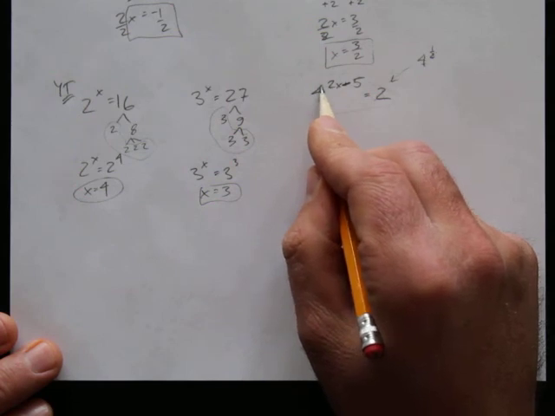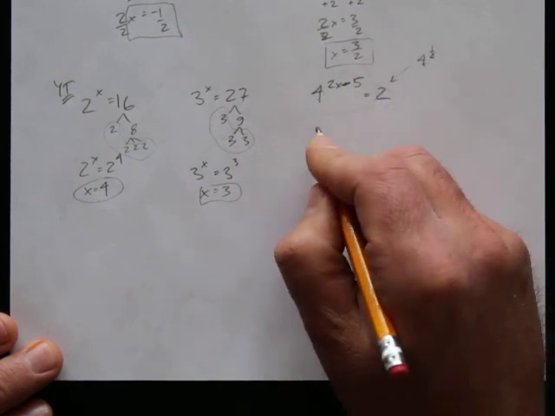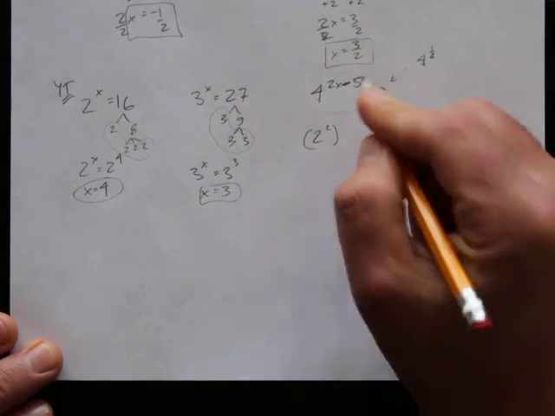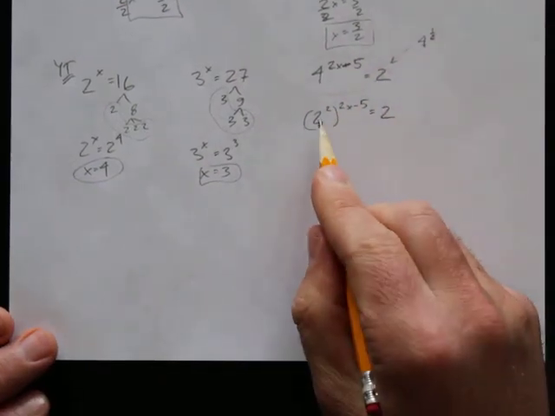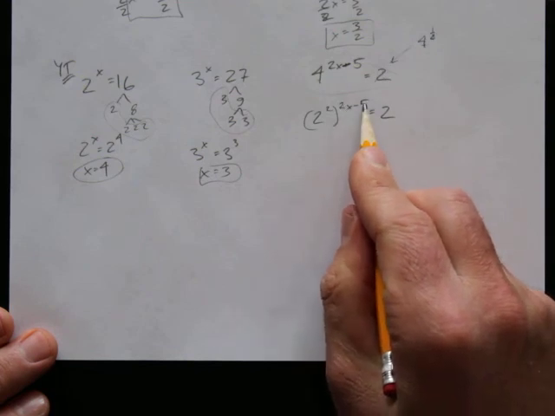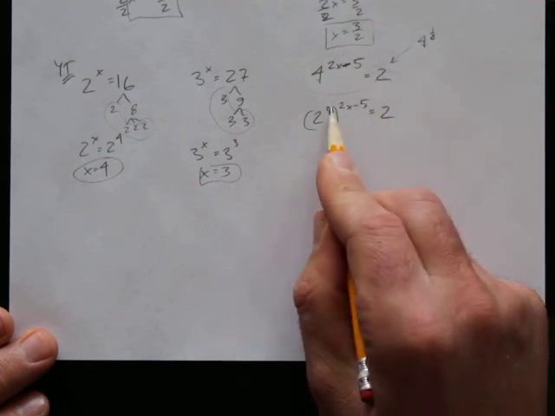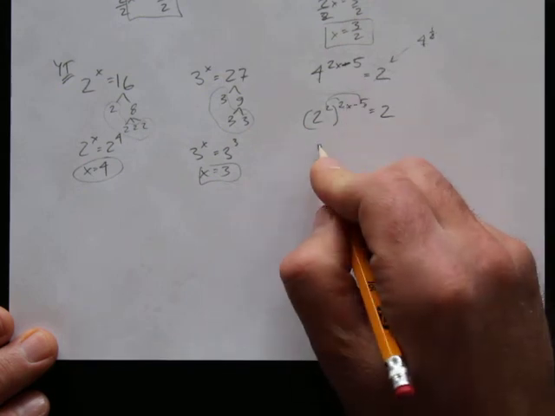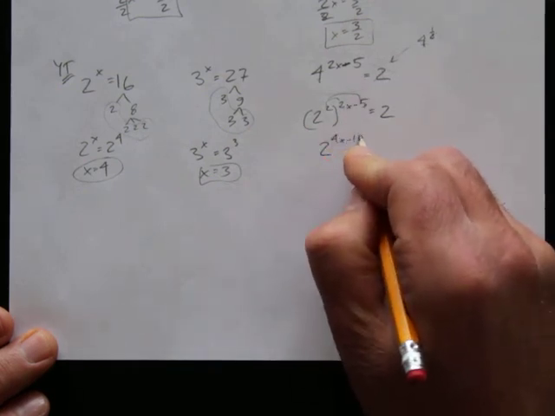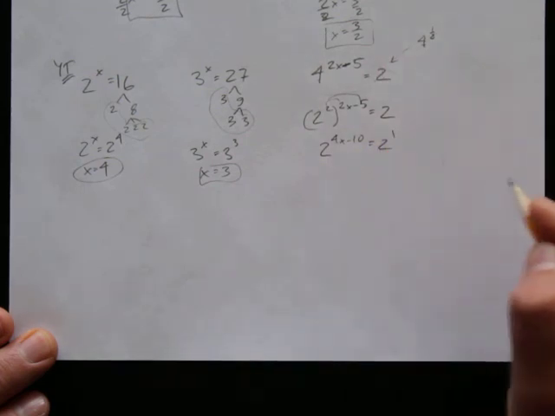I'm going to look at this. I'm going to take this 4 down to 2. 4 is 2 squared. So 2 squared raised to the power of 2x minus 5 equals 2. I distribute this 2 to this whole expression, and so I've got 2 to the 4x minus 10 equals 2 to the 1.